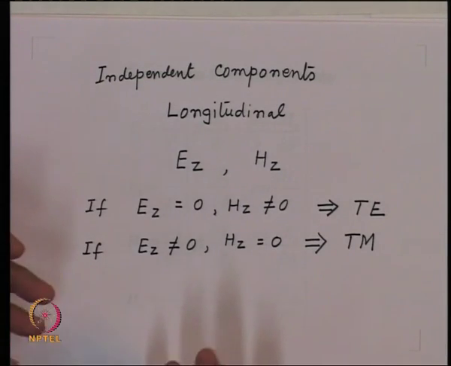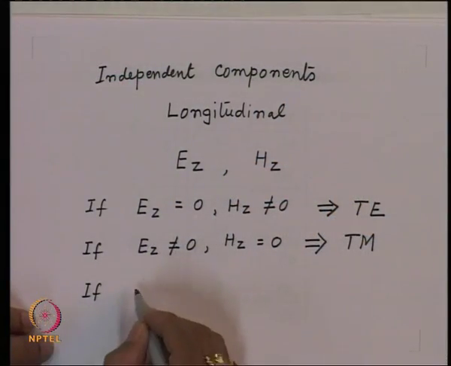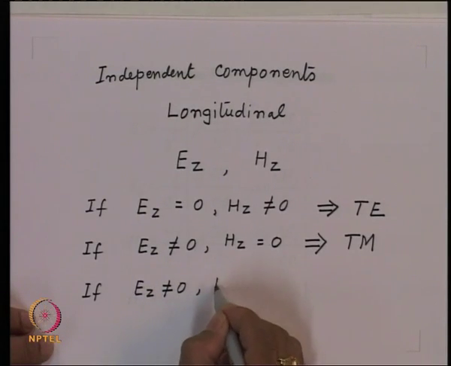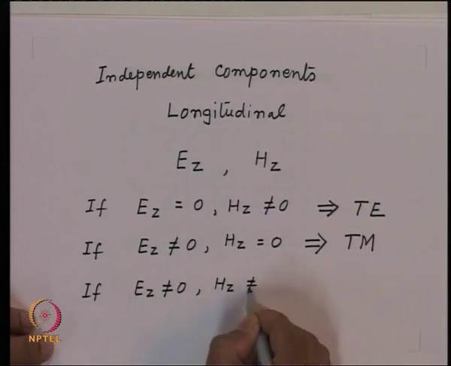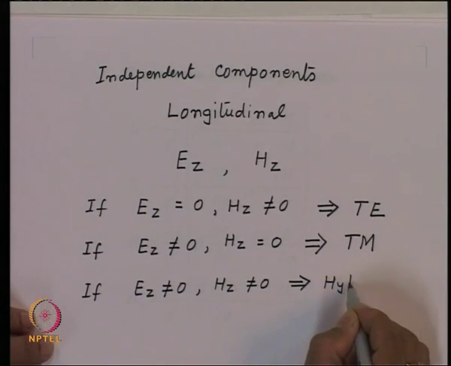That mode is neither transverse electric nor transverse magnetic, and as we saw earlier this mode can be called the hybrid mode. So, these two modes essentially correspond to the meridional rays in terms of the ray model, and when both of them are non-zero, Ez not equal to 0, Hz not equal to 0, that gives you what is called the hybrid mode.